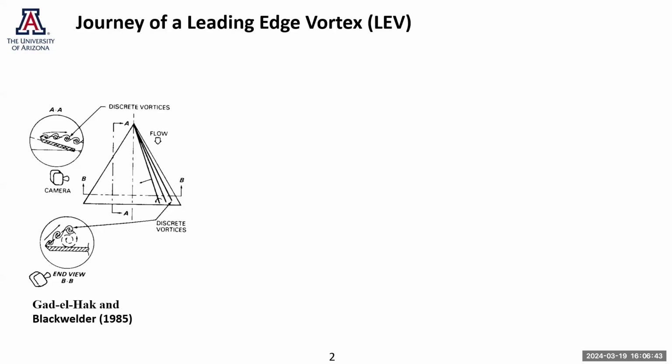A note to be made is that these vortices are discrete in nature. These discrete vortices along the chord, or along the streamwise direction, roll up at a particular span and form a vortical structure. These vortical structures develop and behave, and that's what we will be looking at today.